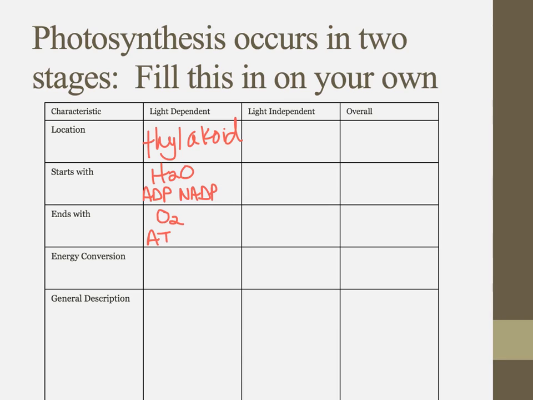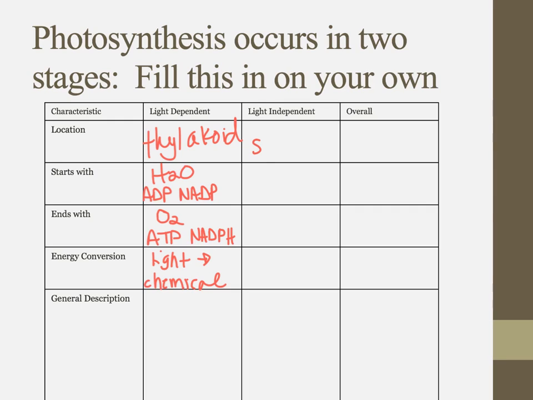We're going to recharge ADP into ATP, and we're going to attach an electron and a hydrogen atom to make NADPH. We are going from light energy to chemical energy, okay, and that chemical energy is here, and you can work on a general description of your own. Use that diagram we just drew.